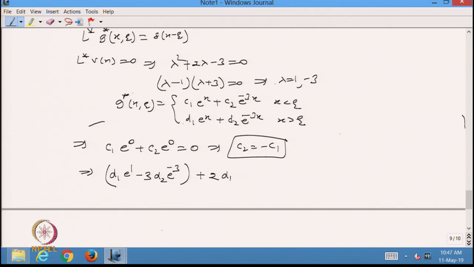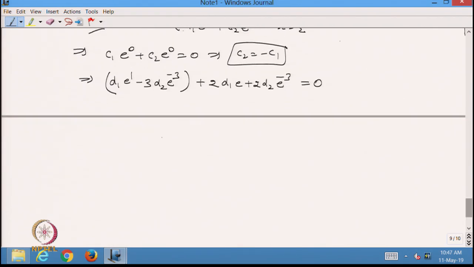So, it is d1 e plus 2 times d2 e raised to power minus 3 is equal to 0. Putting the boundary condition at 1 gives me this value. If I solve it further, then from here we can find the green function.